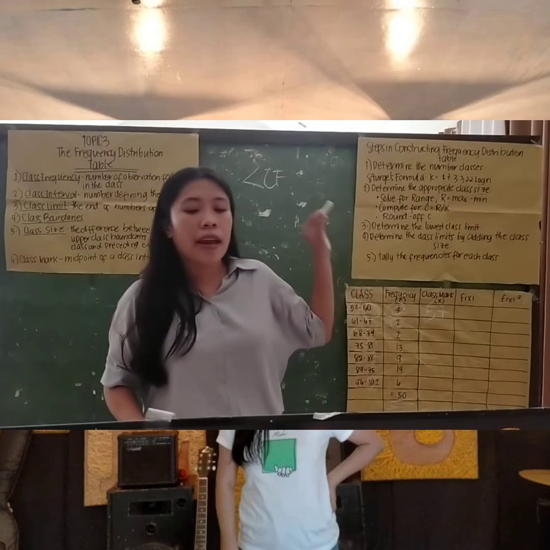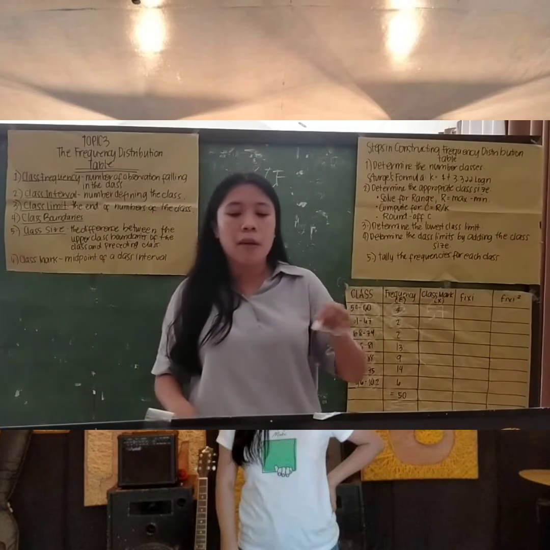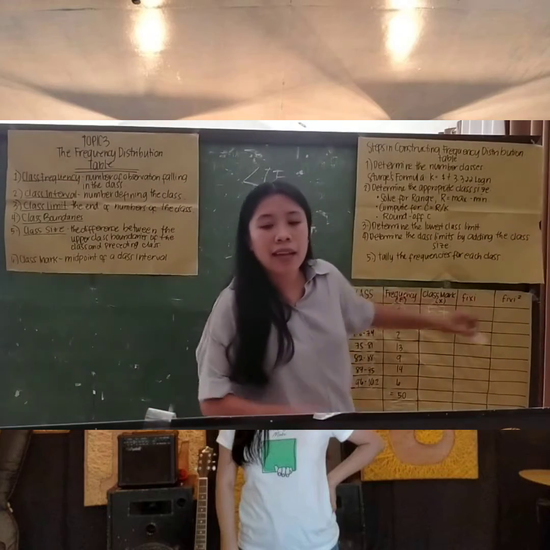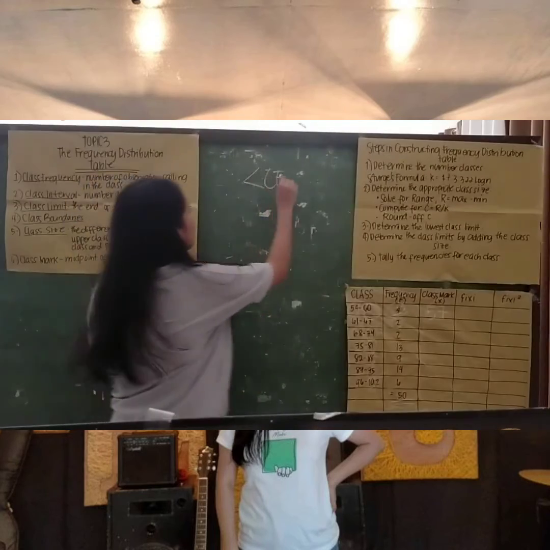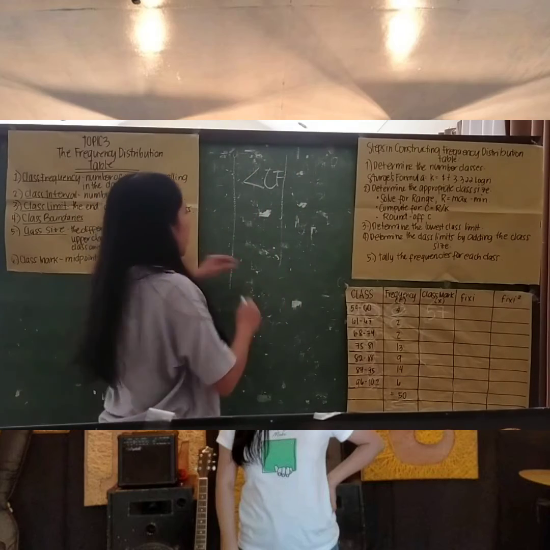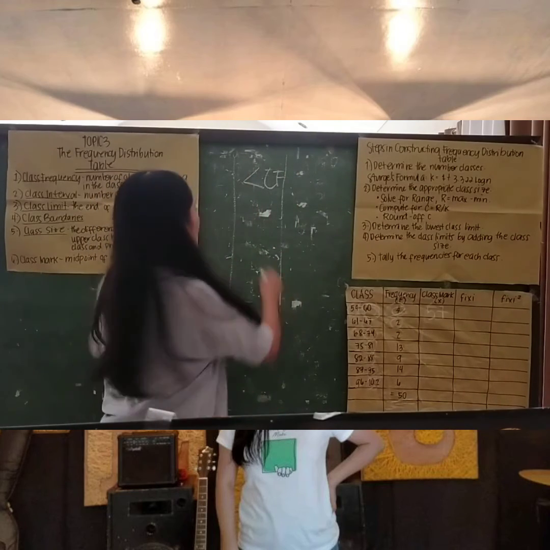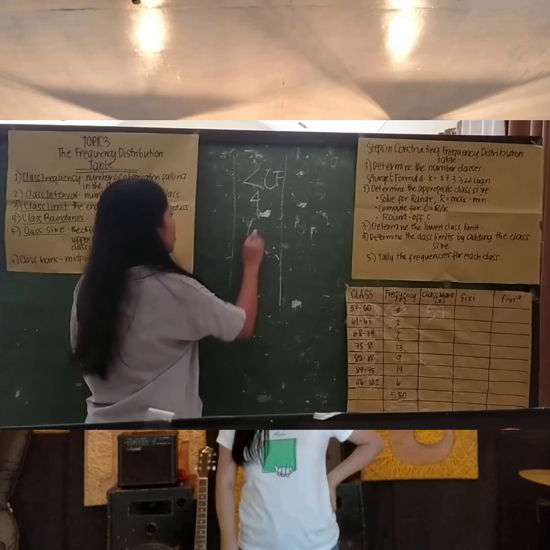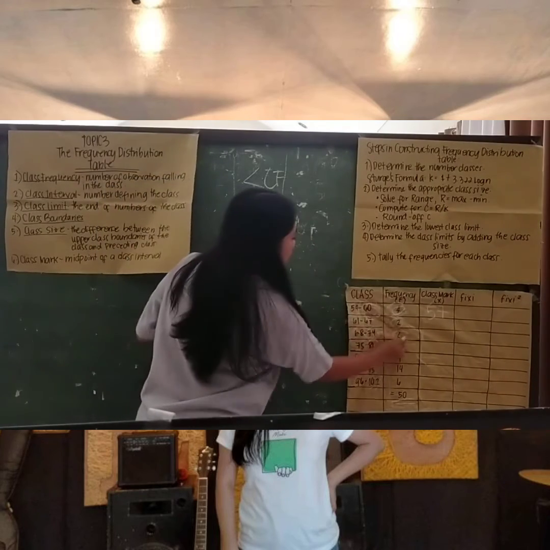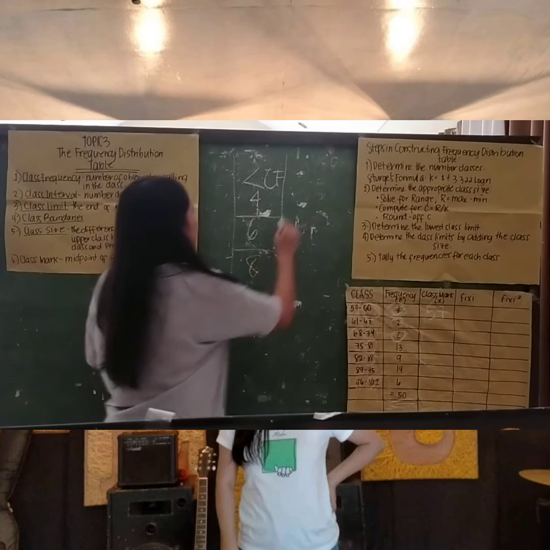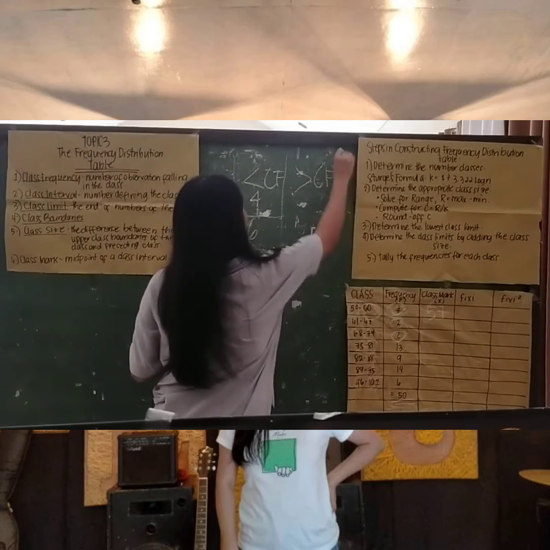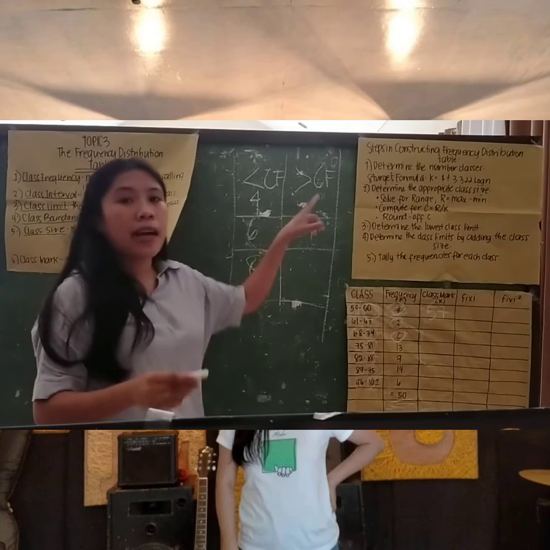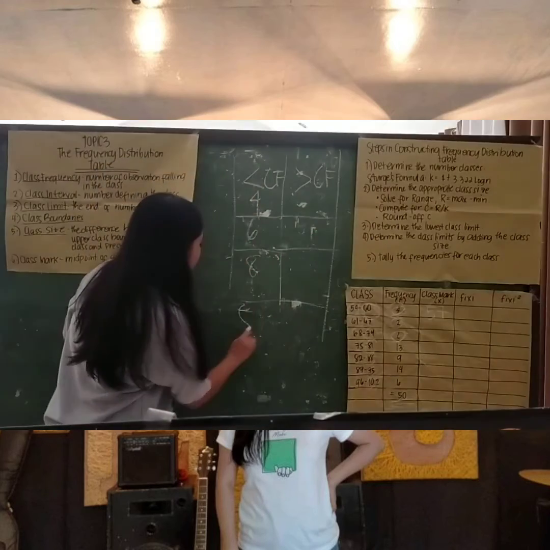And to get the less than CF, we use the bottom, which is our final answer. For example, for our CF, copy the 4, then 4 plus 2 equals 6, and 6 plus 2 equals 8. For our less than CF, we start at the very bottom, where the CF is 50.